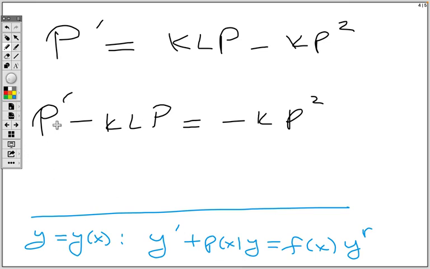So instead of y prime, we got our p prime. And instead of having something times y, we've got something times p to the first power. And then I move everything else to the other side. I've got something times a power of p. So sure enough, that's a Bernoulli. Okay. Are there any questions how this proves that the equation is Bernoulli? Do you see how we just move the letters around or reassign the letters?